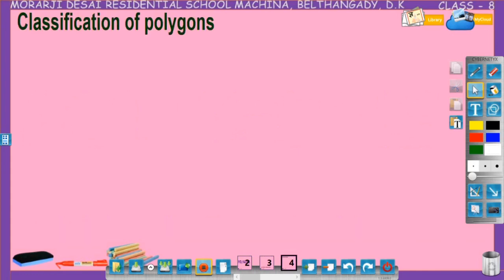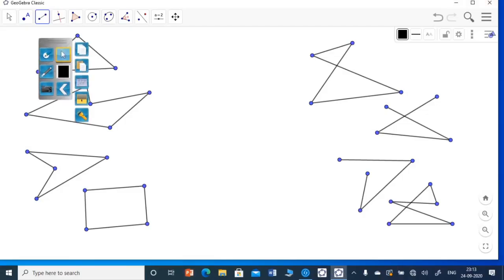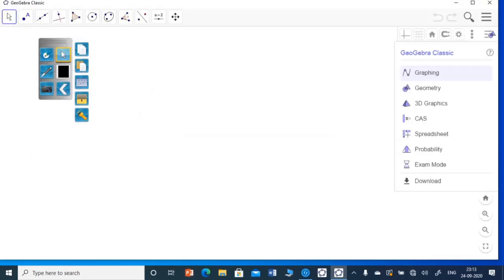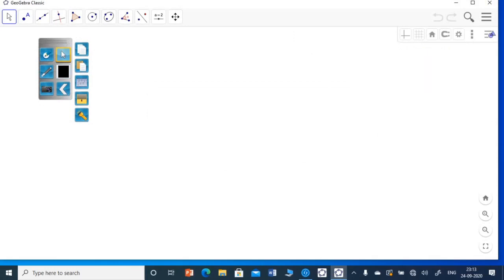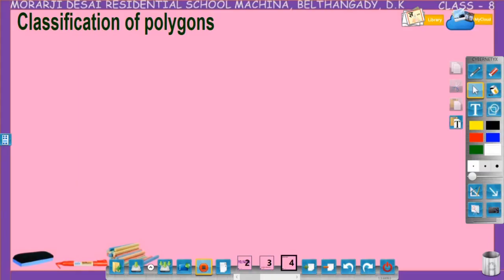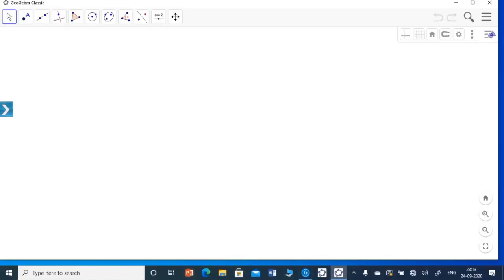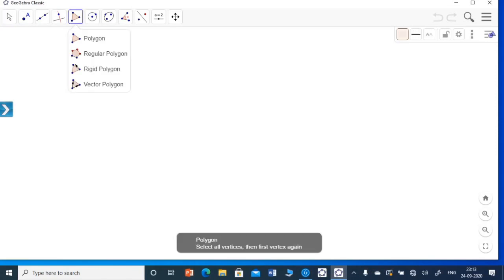Now let us see about the classification of polygons, how the polygons are classified based on the number of sides or the number of vertices. You learnt about identifying sides and vertices.